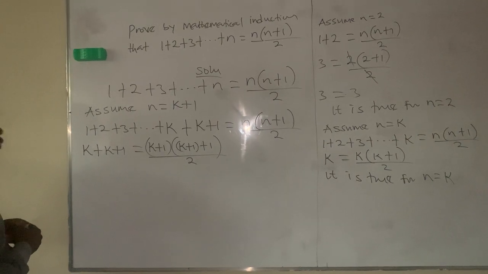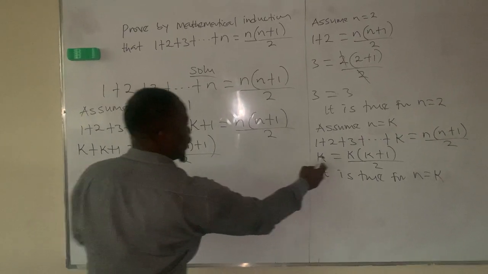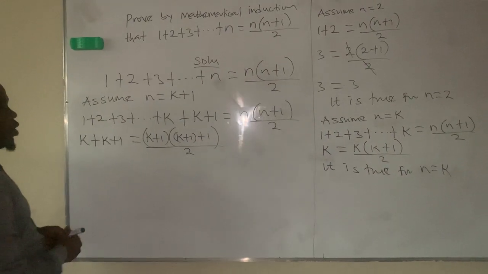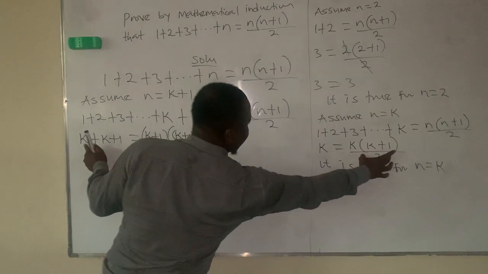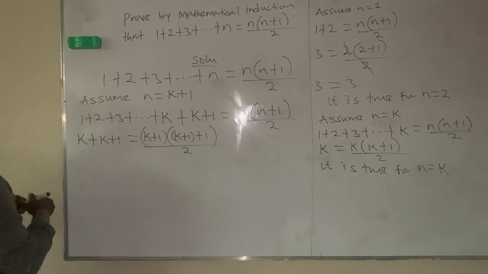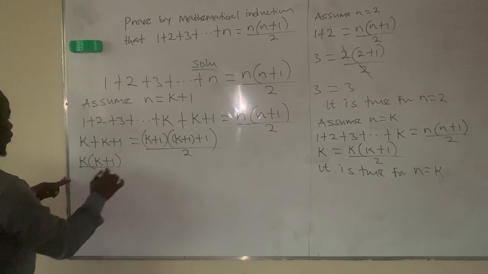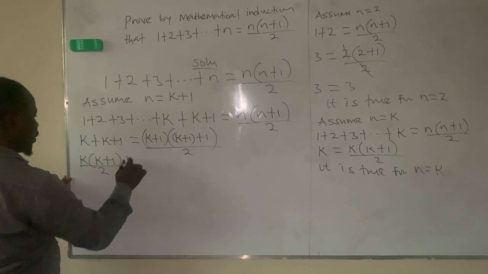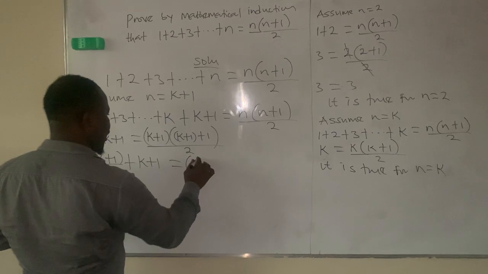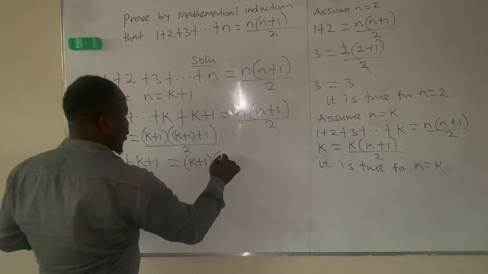Do you understand? But note that this k here is equal to k(k plus 1) all over 2. So instead of this k, we substitute this value, k(k plus 1) all over 2, then plus (k plus 1) equals (k plus 1)(k plus 1 plus 1).